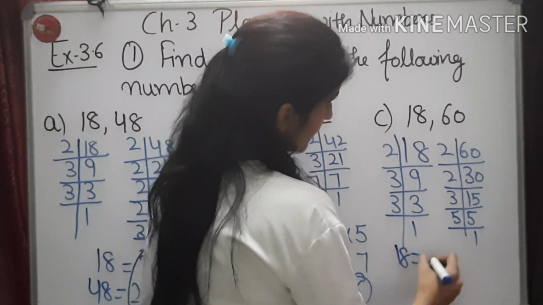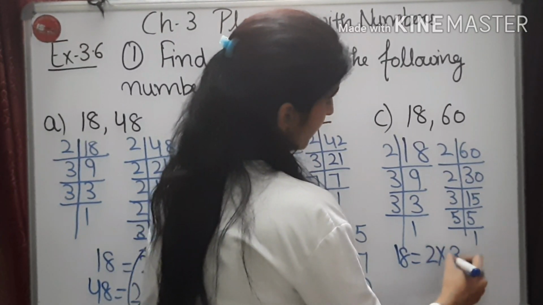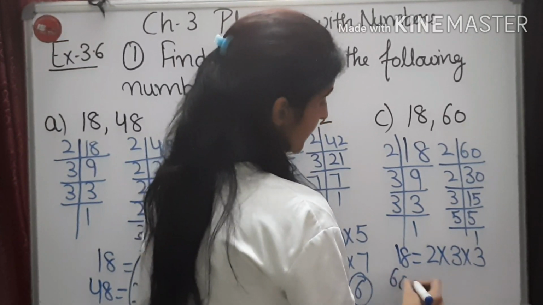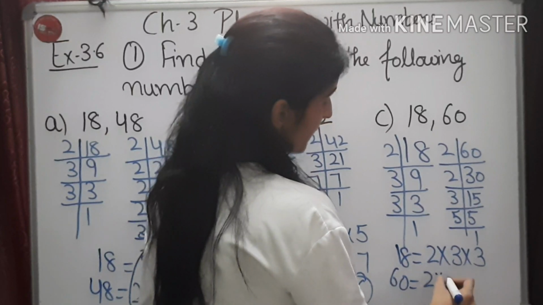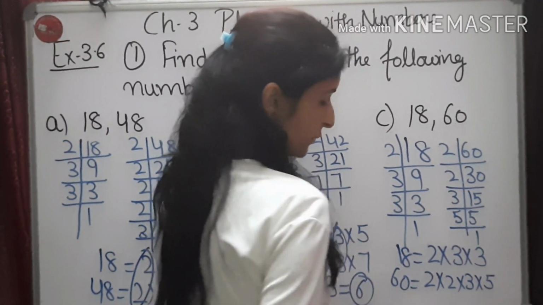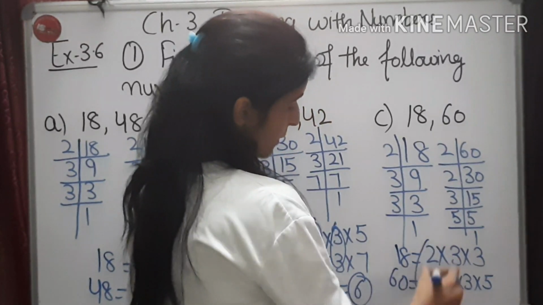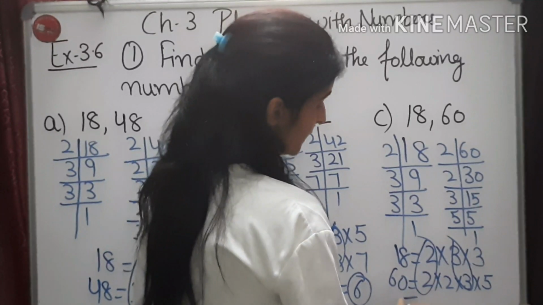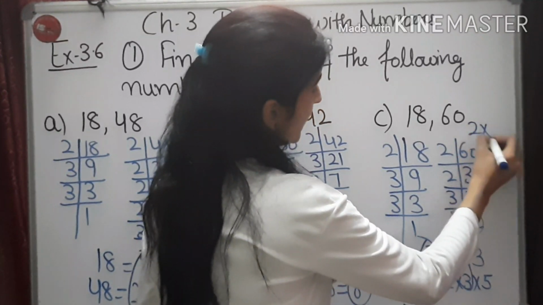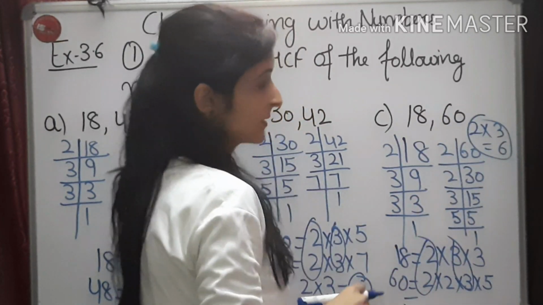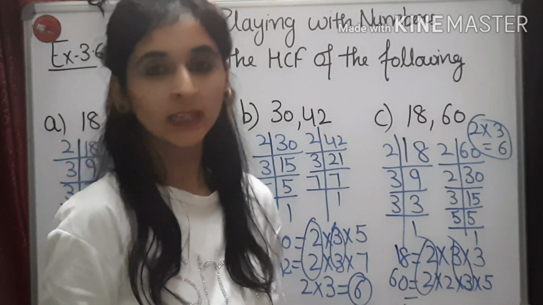Now 18 is equal to 2 multiplied by 3 multiplied by 3 and 60 is 2 multiplied by 2 multiplied by 3 multiplied by 5. And the common factors are 2 and 3 again. So 2 multiplied by 3 is equal to 6. So again the HCF is equal to 6.